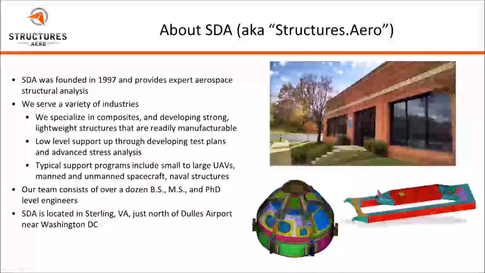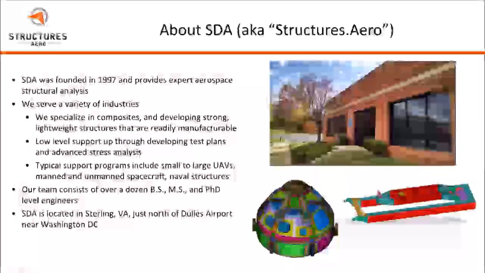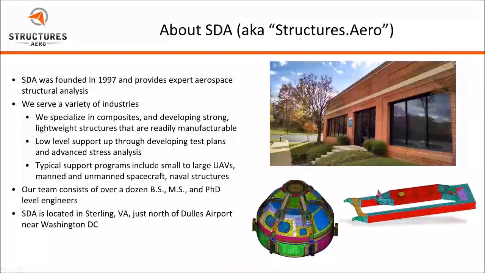We work on a large range of programs, from small to large UAVs, manned, unmanned spacecraft, naval structures, and we go all the way from low-level support through full test plans and full stress analysis reports. The team here consists of well over a dozen bachelor's, master's, and PhD level engineers. And we're located in Sterling, Virginia, just north of the Dulles Airport, west of Washington, D.C.